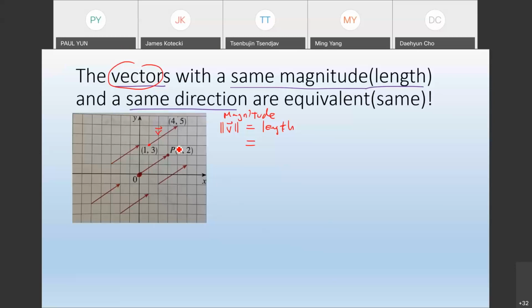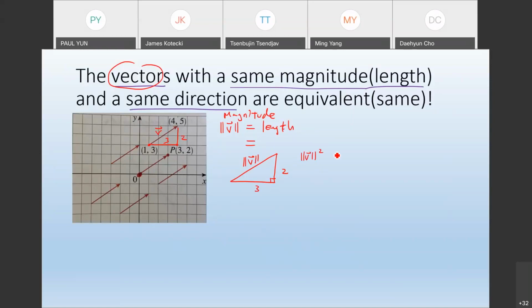Like this here. This is 3 and 2. What is this? The magnitude, the length of the vector. So, square root of 13.